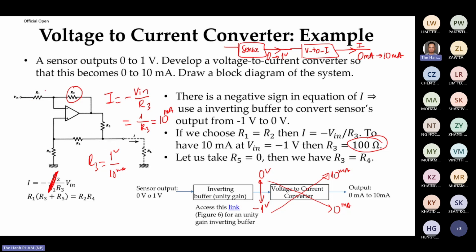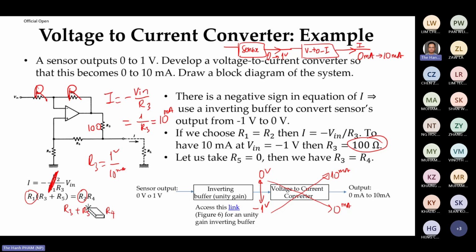So what you do is R1, for example, here R, and R3 you put like 100 ohm there. Correct? And suppose I set R5 and R4. You see here R1 and R2 already are the same. So we have R3 plus R5 is the same as R4.